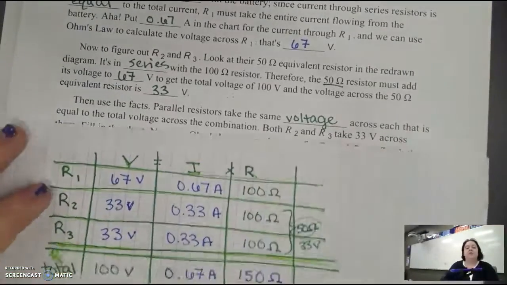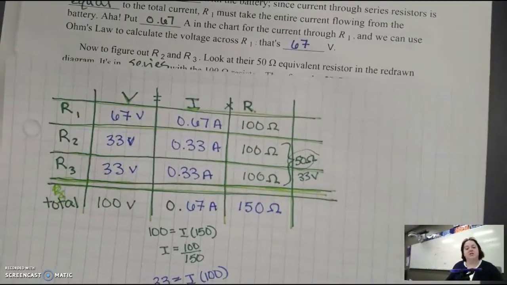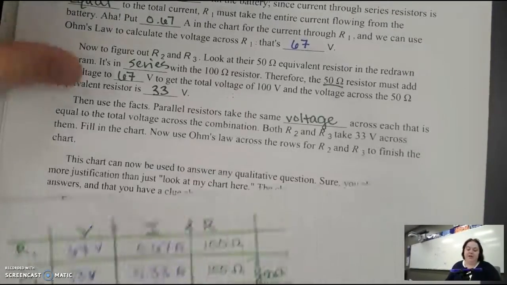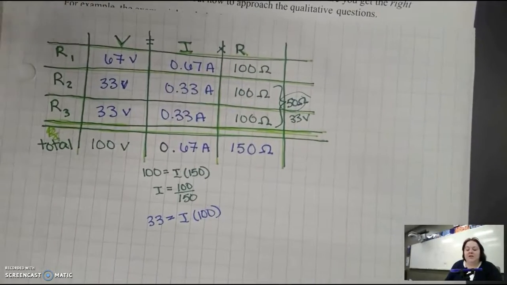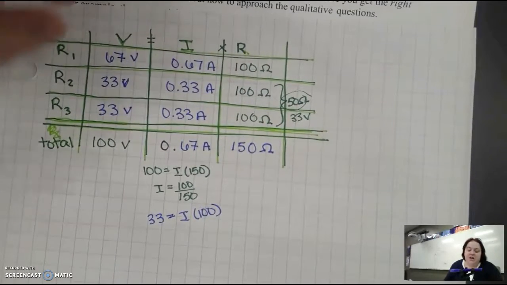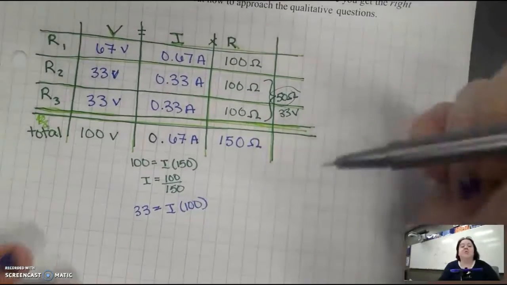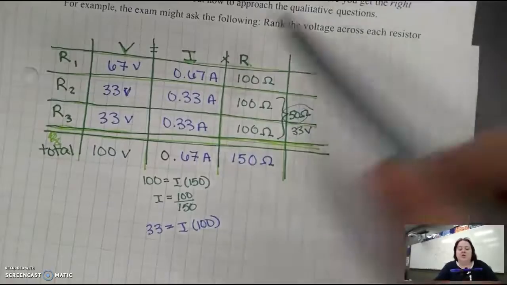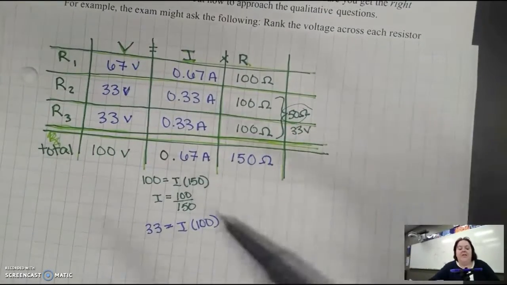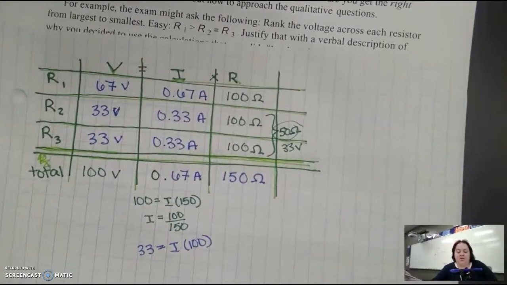So now we have a completely filled in V equals IR chart, which is beautiful. This chart can be used to answer any qualitative question. You need to give more explanation than just look at the chart. The chart is going to ensure that you get the right answer and that you have a clue of how to approach the qualitative question.